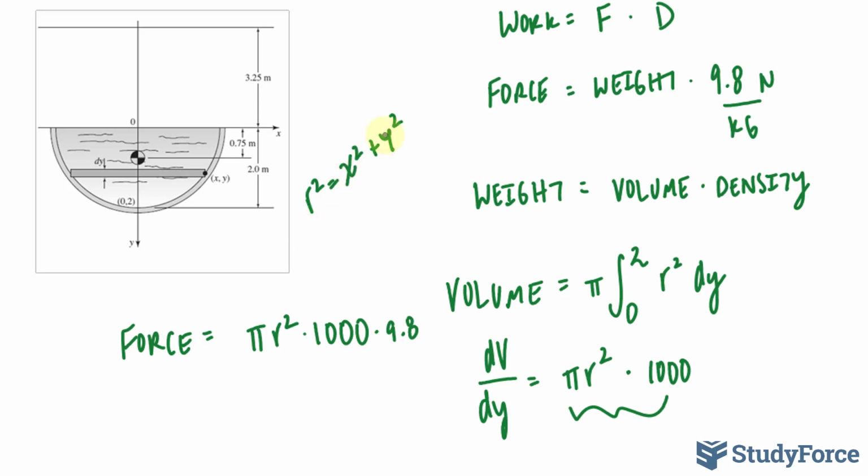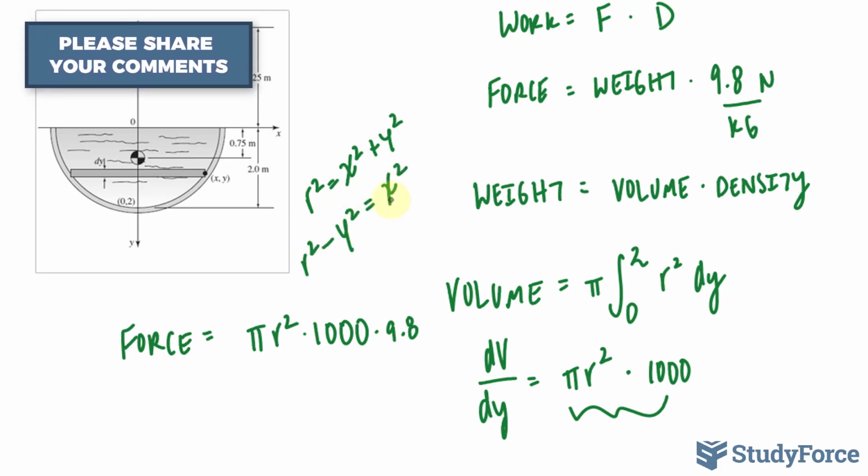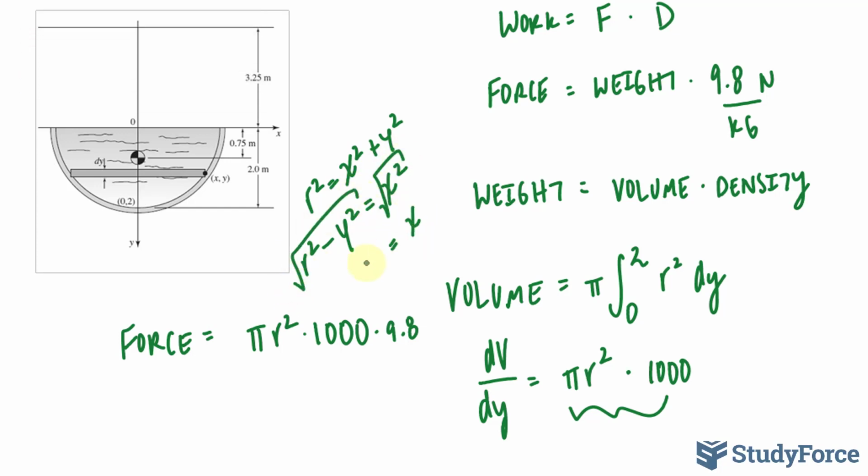We will solve for x by bringing this y over. r squared minus y squared is equal to x squared, and we can square root both sides, where we get x is equal to 2 to the power of 2, because our radius is 2, so 4 minus y to the power of 2, square rooted.